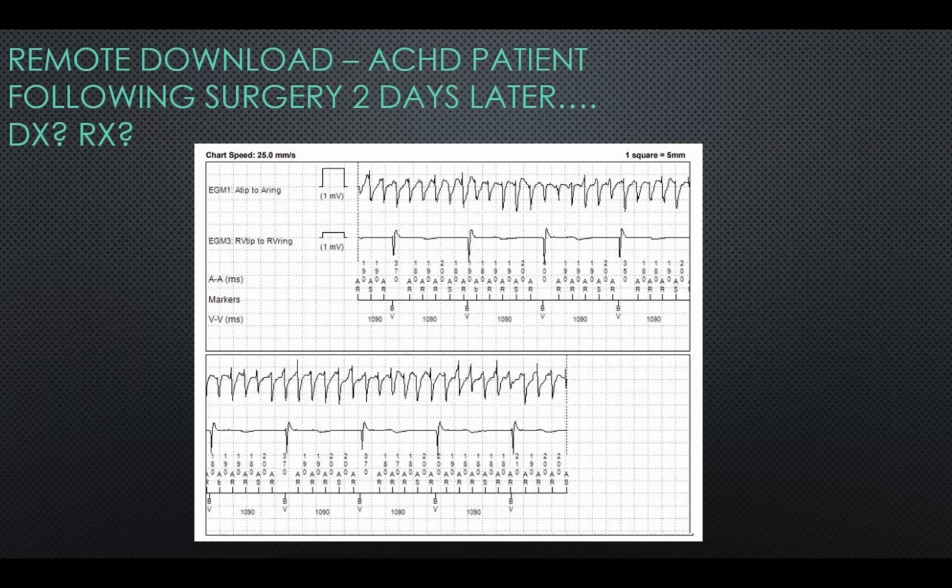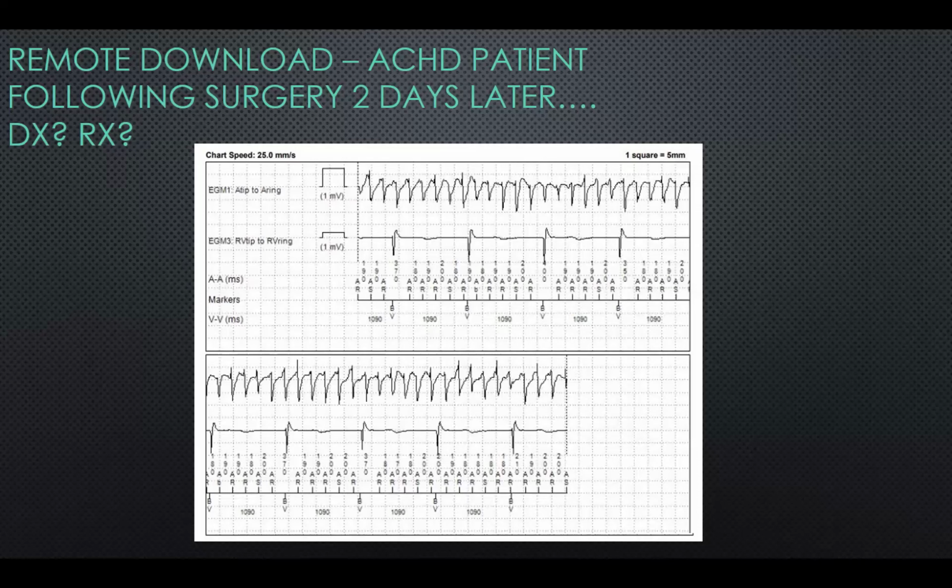Yes, this is some kind of flutter, or sometimes we would call this an intra-atrial reentrant tachycardia to denote that it is a flutter in somebody who has incisions in the atrium. So presumably this is some kind of atrial flutter around an incision or multiple incisions in the patient's heart.